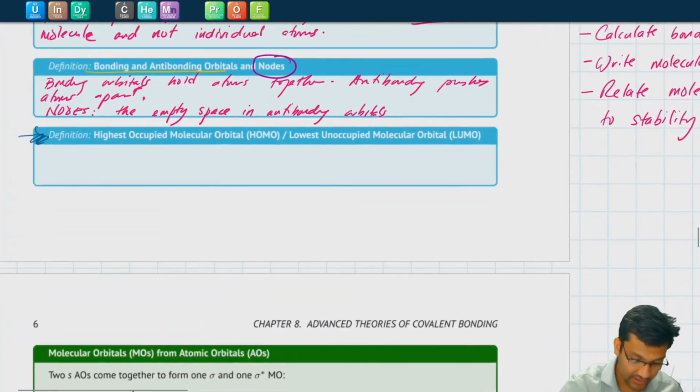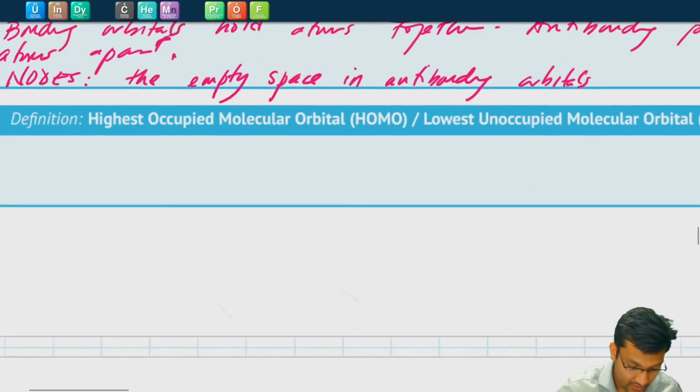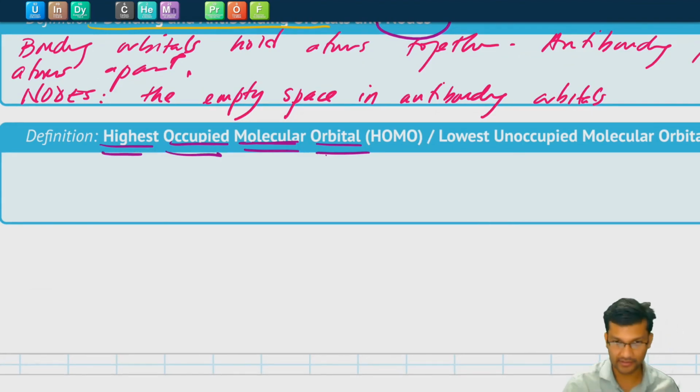And finally, let's come back to this idea of the highest occupied molecular orbital and the lowest unoccupied molecular orbital. They are exactly what the names suggest. So the highest occupied molecular orbital is a molecular orbital that's occupied and has the highest energy.